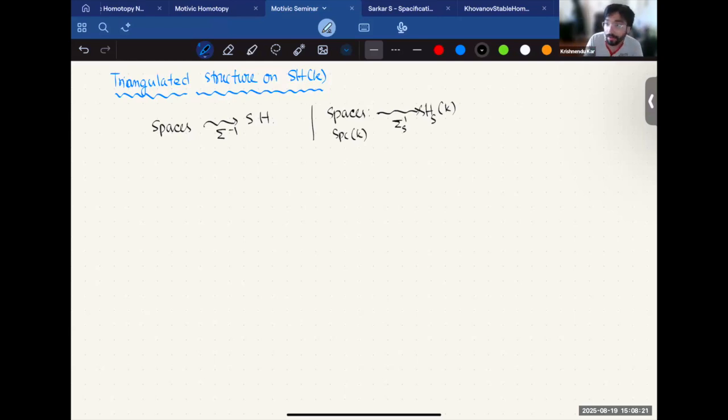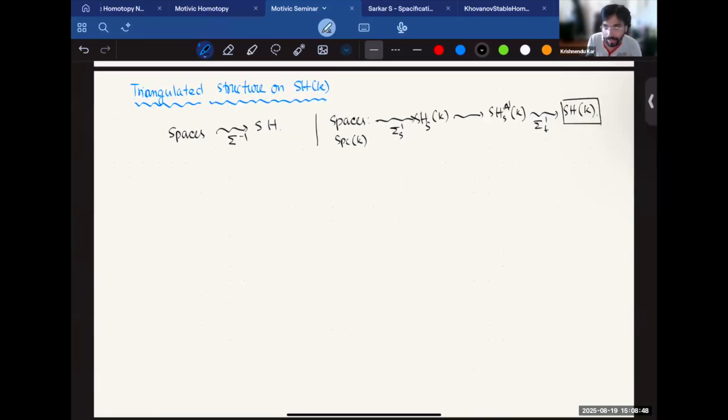Then we want our A1 to be invertible, so we localize at A1 to get SH^{A1,S}(k). And then we want our Tate circle to be invertible as well. After doing that, we get the Motivic stable homotopy category.